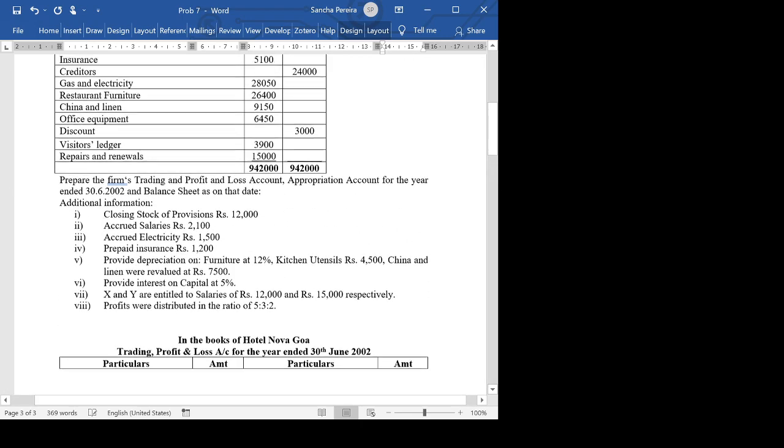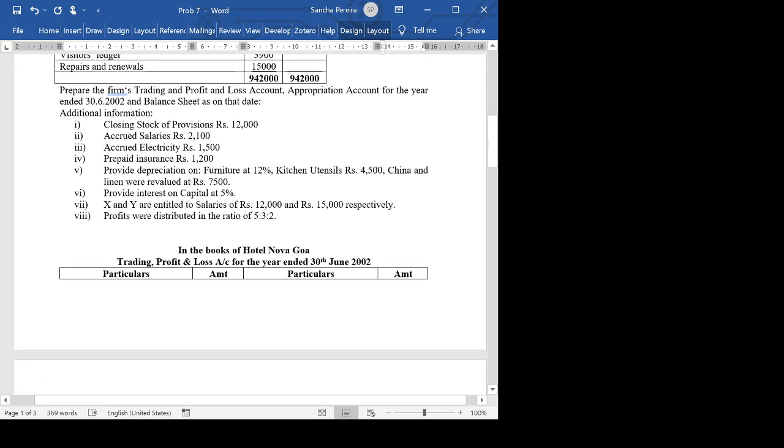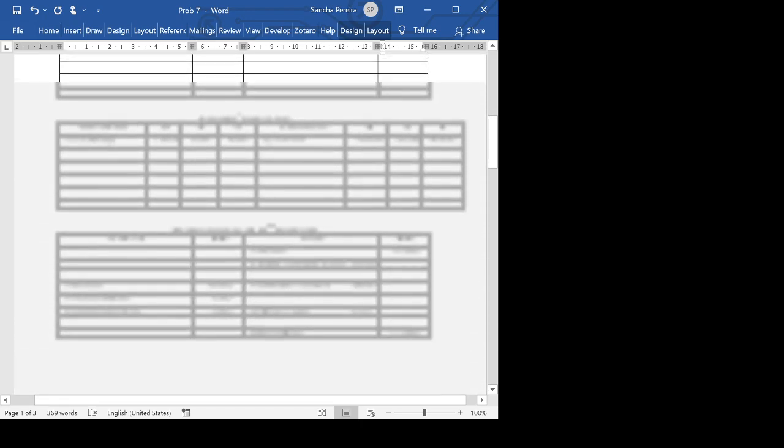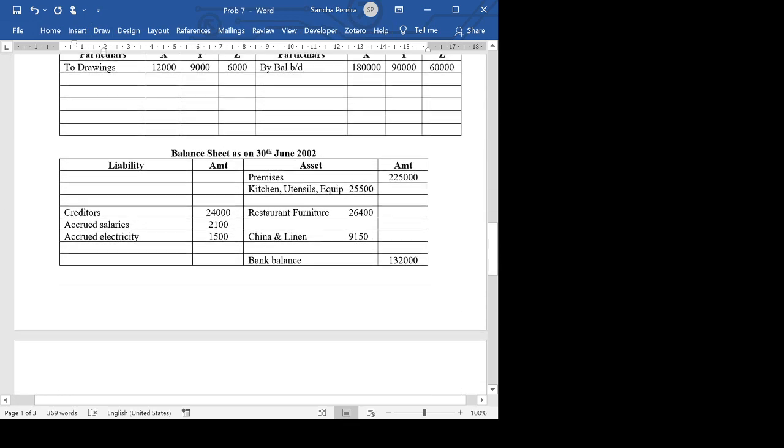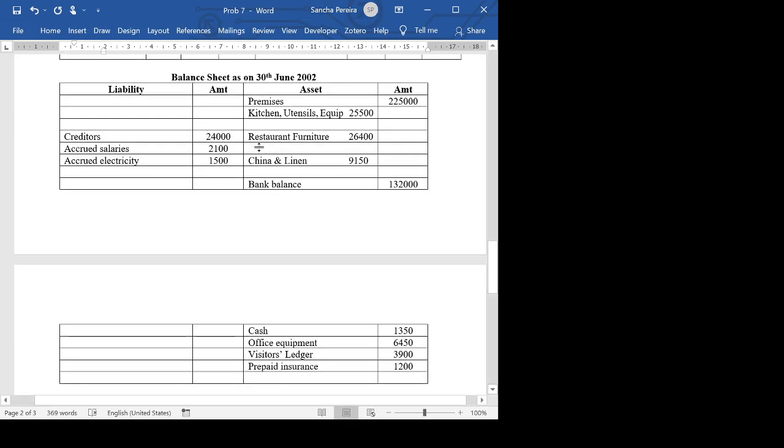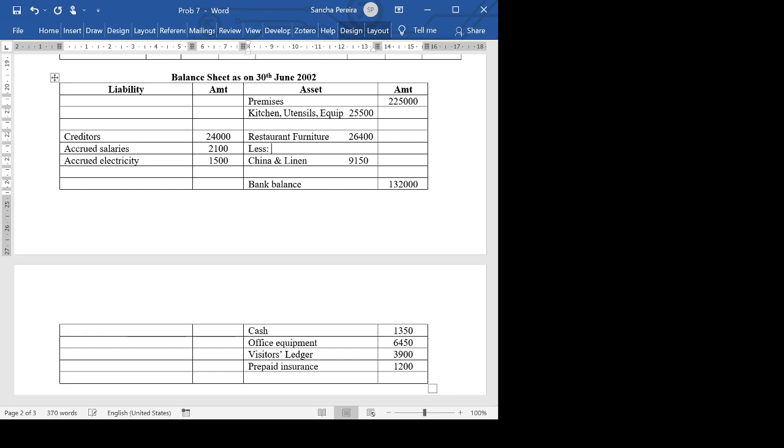Then there is depreciation, 12% on furniture, less depreciation. So 12% of 26,400 comes to 3,168.